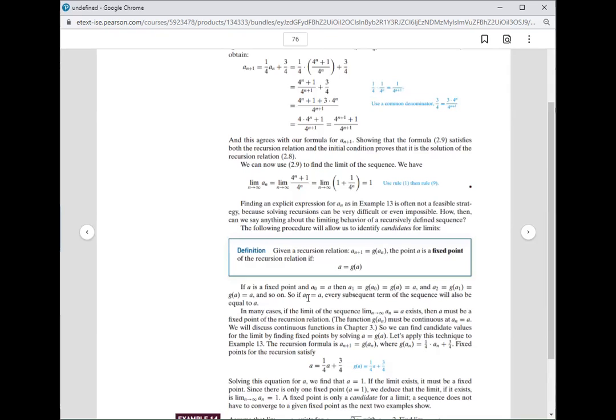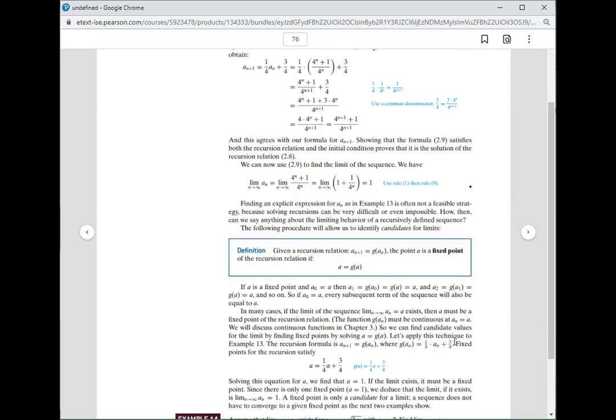So if a0 equals A, every subsequent term of the sequence will be equal to A. In many cases, if the limit of the sequence exists, then A must be a fixed point of the recursion relation, and the function G must be continuous at A. We will discuss continuous functions in chapter 3.